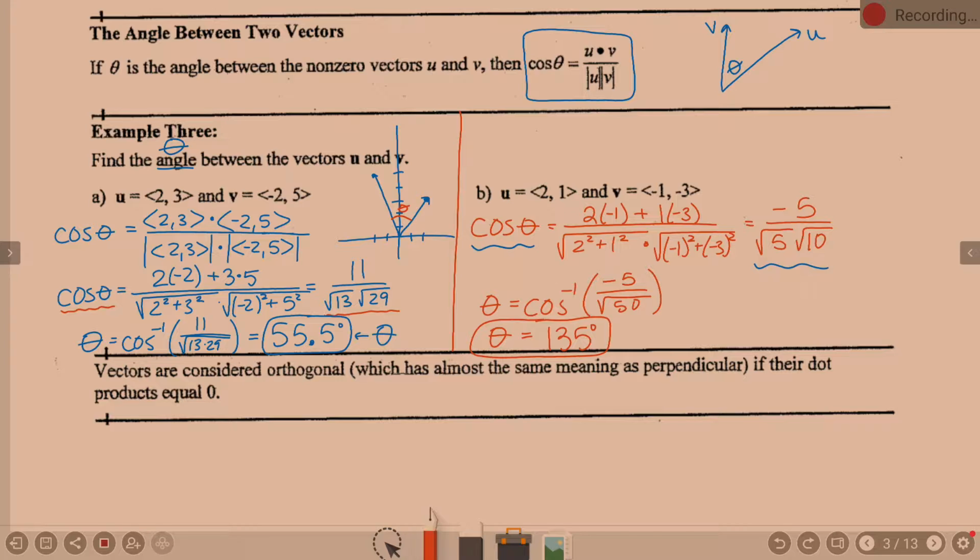Did you check a visual out? Does it make sense? If you look at the vector 2, 1, that's that vector right there. If you look at the vector negative 1, negative 3, so that is left 1, down 3.